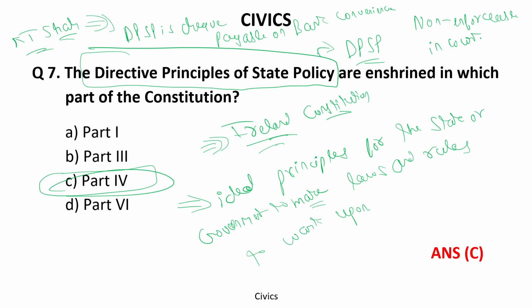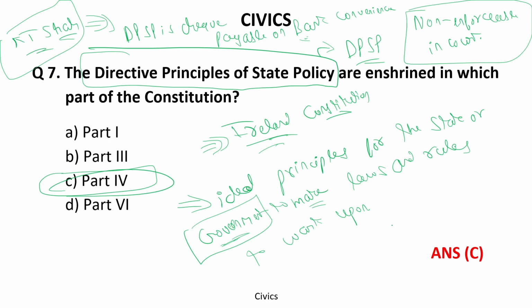So that's why K.T. Shah said DPSP is just like a check which could only be paid when the bank wants to pay it. Simply put, they are laws and regulations, or ideals, implemented only if the government wants to implement them. You cannot challenge the government because DPSP are non-enforceable in court. You cannot make them enforceable. So that's why K.T. Shah said this about DPSP.